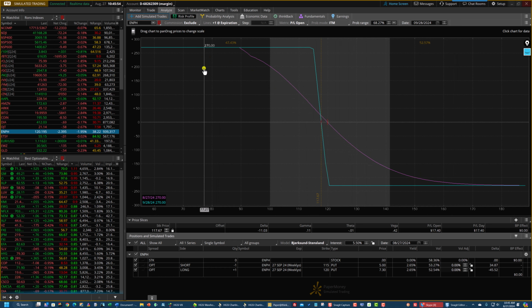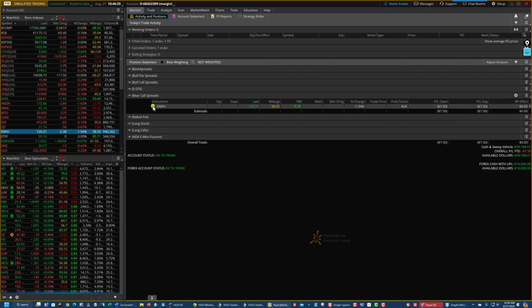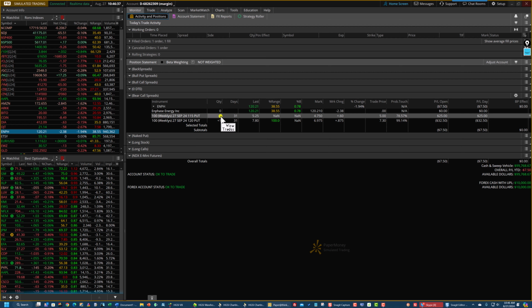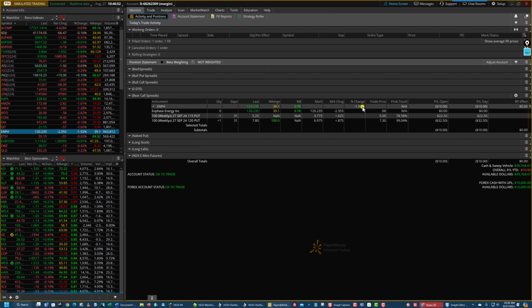So I'm going to go back to monitor. Here's the profit loss. Now if you open this up here, you'll see the quantity and the days to expiration. That's why I put the days in here, the last, the percent range of the stock and of the option, the percent B of the stock, the percent change, and the probability of touching.